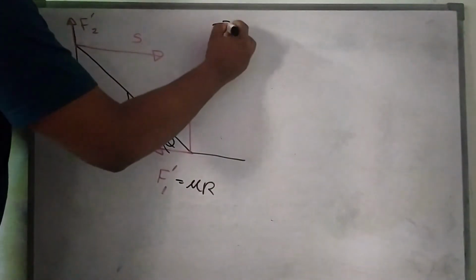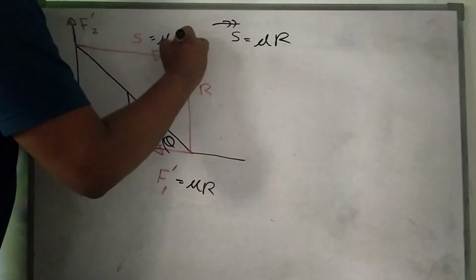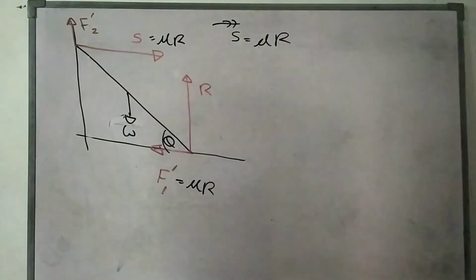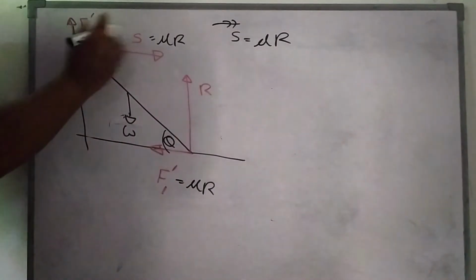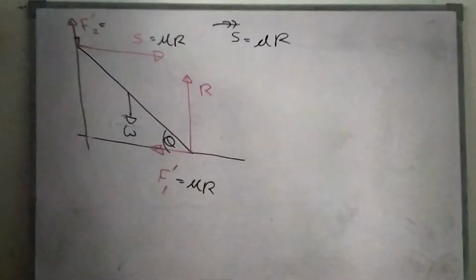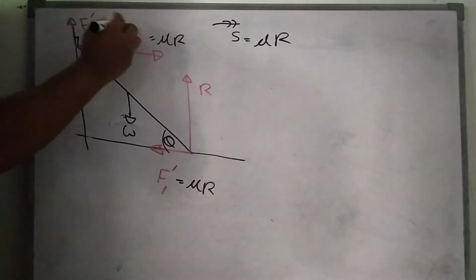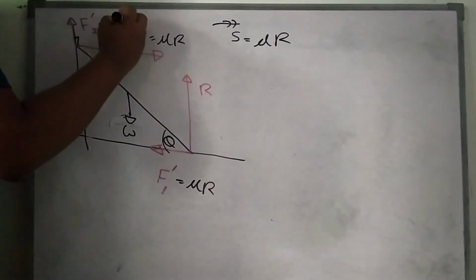And considering the horizontal forces, S equals mu R. So S equals mu R means F2 dash will be mu dash mu R, because the wall friction is mu dash into S. So S means mu R, mu dash R. This is F2 dash.